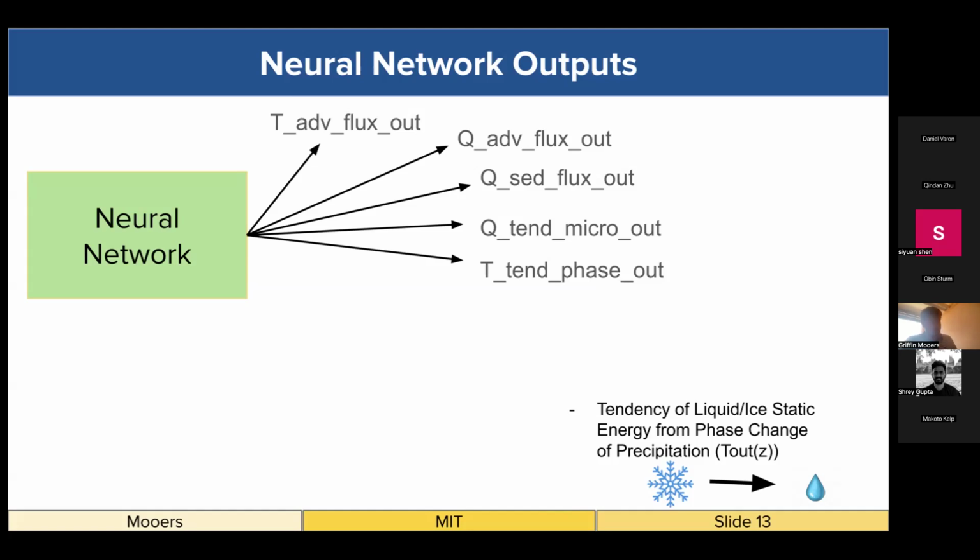So in theory, if you left a purely unconstrained neural network, and your tendency is supposed to be positive, you could get a neural network, if it's not trained well, predicting a negative tendency, or a super positive tendency that's too big.